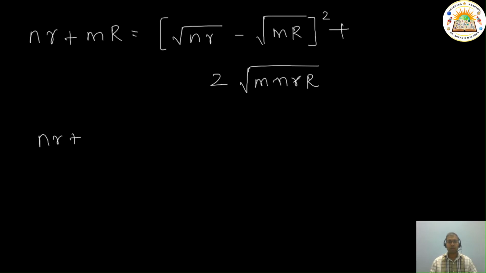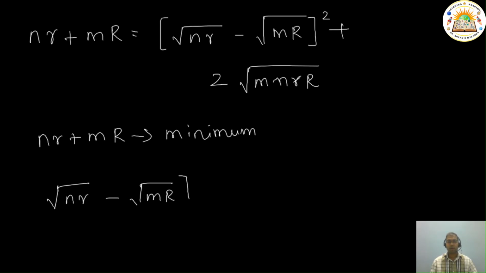Now according to our previous statement, for nr plus mR to be minimum, the value of root of nr minus root of mR the whole square should be a minimum value. If this has to be minimum, we can just get rid of the square root. Minimum means the value should be equal to 0.